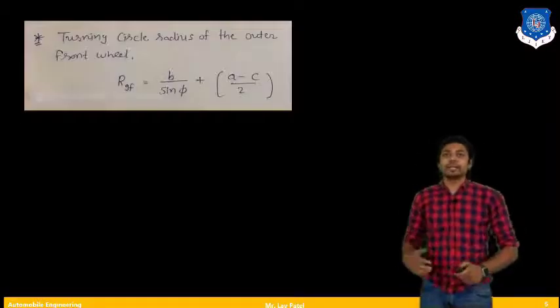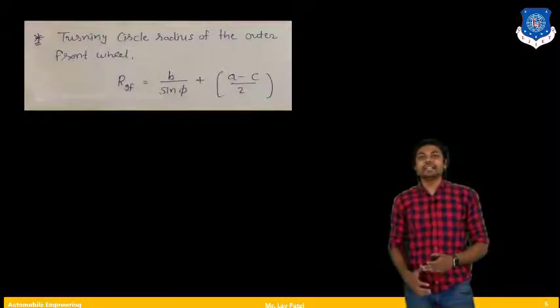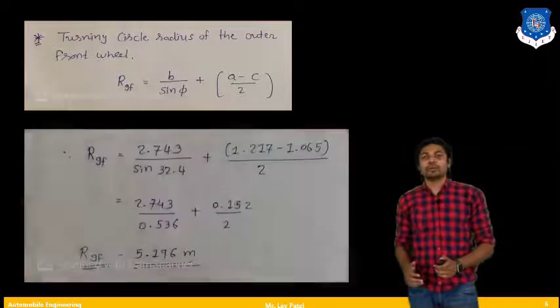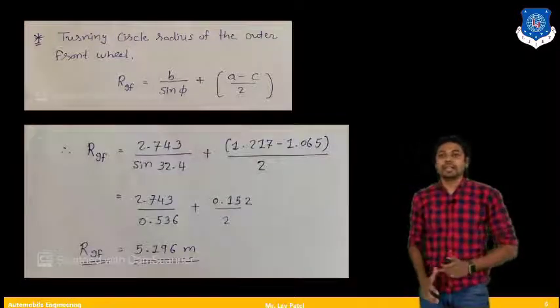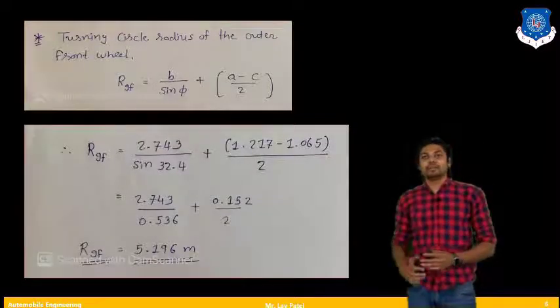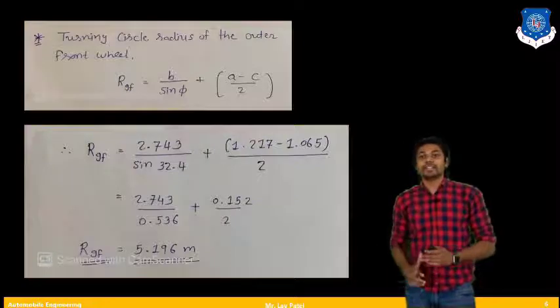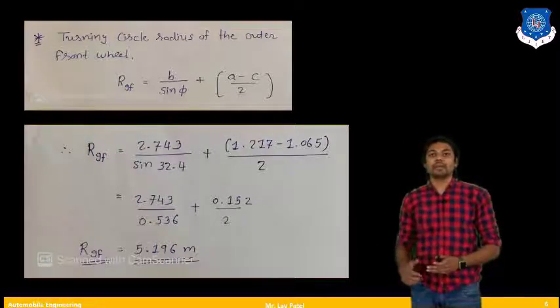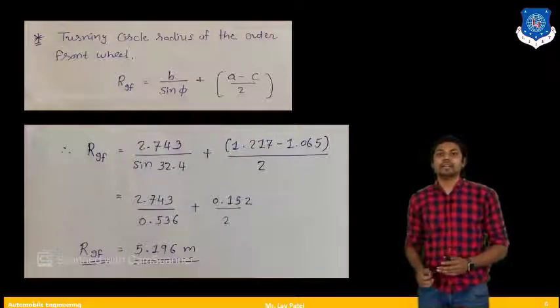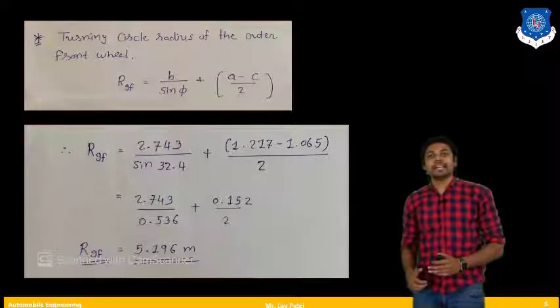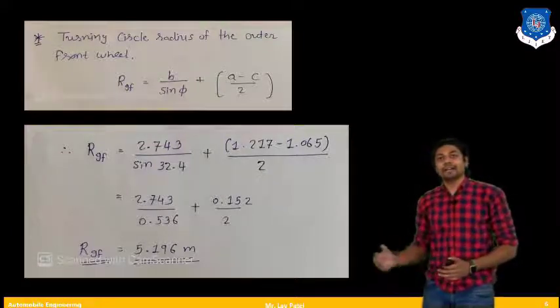Moving further, now we have to see the turning radius of the individual tires. First, the turning circle radius of the outer front wheel. For that we have the equation: R_OF, for the outer front wheel, is equal to b / sin phi plus (a minus c) / 2.